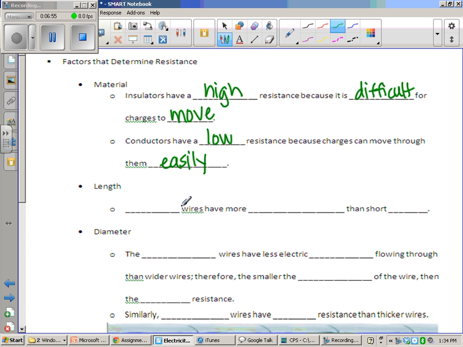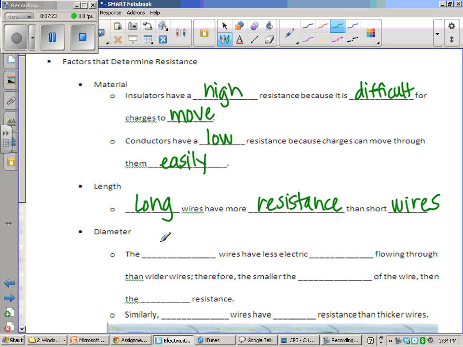Length is also a factor that determines resistance. We know that long wires have more resistance than short wires, because through a long wire there's more opportunity for the electrons to be bumping into other atoms and other electrons that already exist. The diameter of the wires can also affect it.